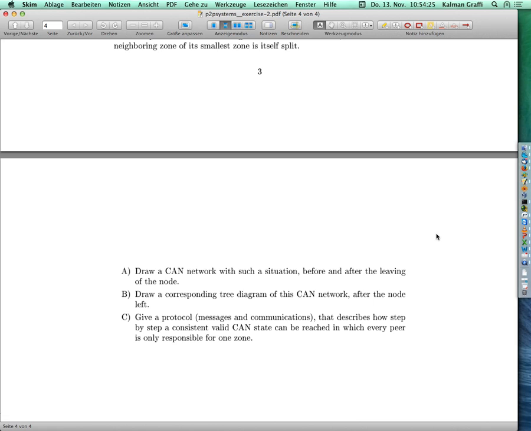Do you have some suggestion for a simple case, for just your own CAN network? So these are typical questions in the exam, so please draw a simple CAN network and then we see what happens if a node leaves the network. So okay, let's again discuss this.